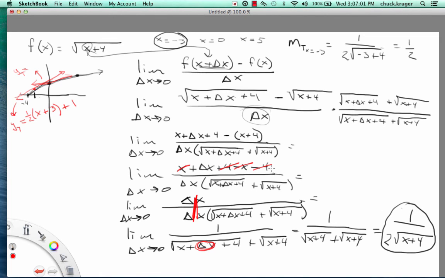So for this one, I'm going to have the slope of the tangent line when x equals 0. I'm going to have 1 over 2 times the square root of 0 plus 4. Well, that's going to be 4. The square root of 4 is 2. 2 times 2 is 1/4.